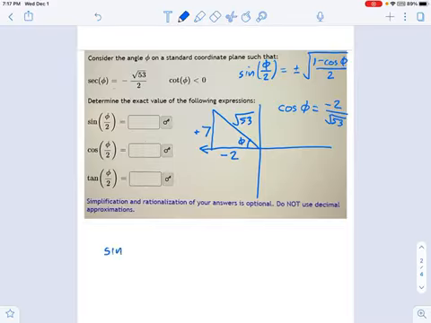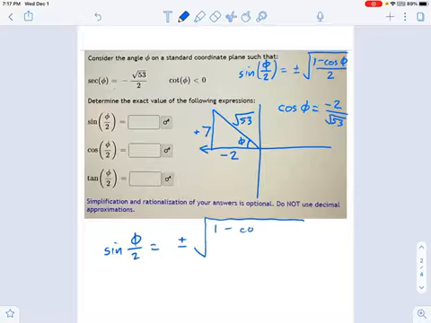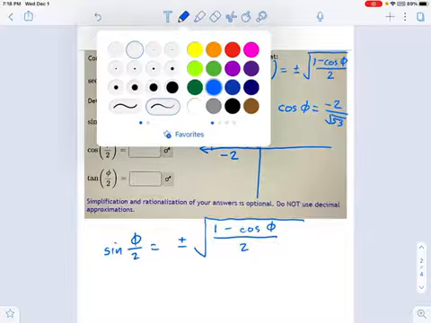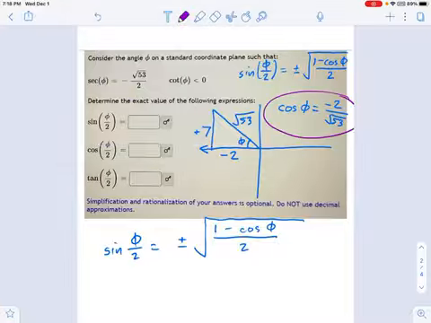I'm going to say sine of phi over 2 equals plus or minus the square root, this is the big guy, of (1 minus cosine phi) over 2. And what is cosine phi? Well, it's this thing, okay? Let me get some different ink here because it's starting to get a little cluttery. It's this value here, and we're going to substitute that right into this identity.